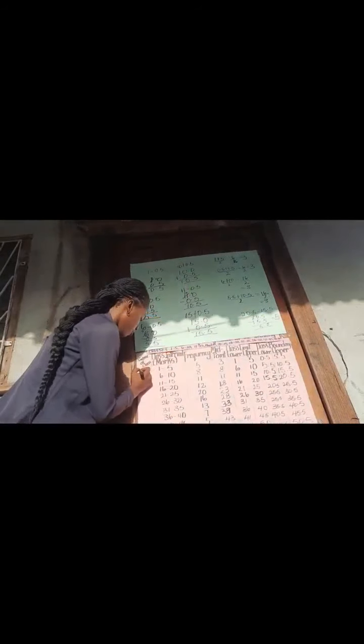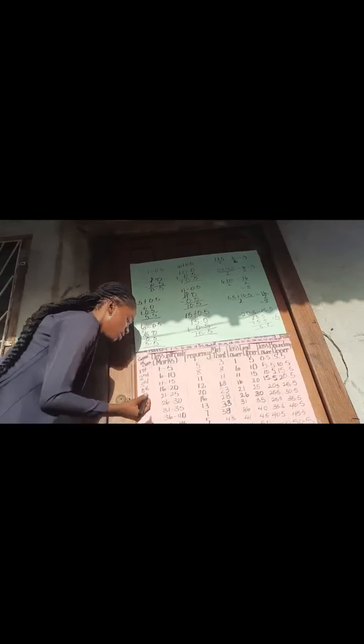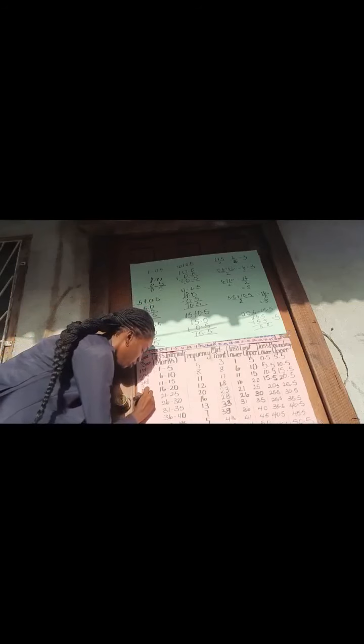So we name our classes as the first class, this is the second class, third, but it's going to be the next class, fourth, fifth, followed by the sixth, then the seventh, then we have the eighth class, the ninth class, and lastly we have the 10th class.